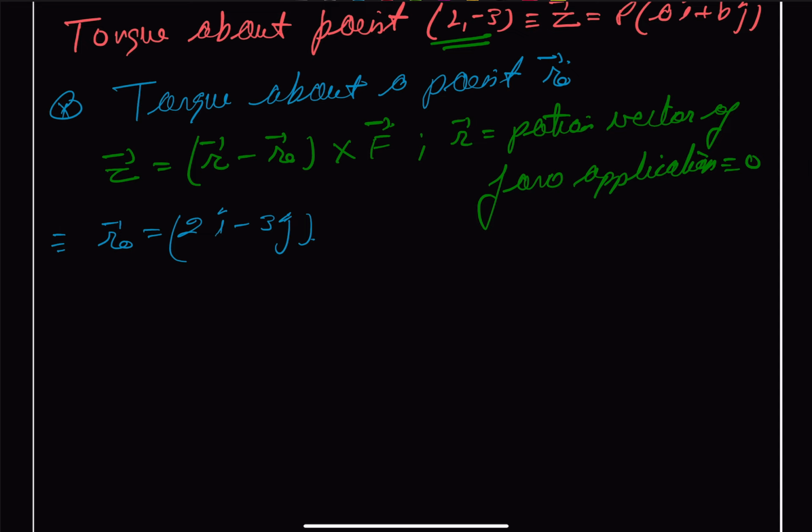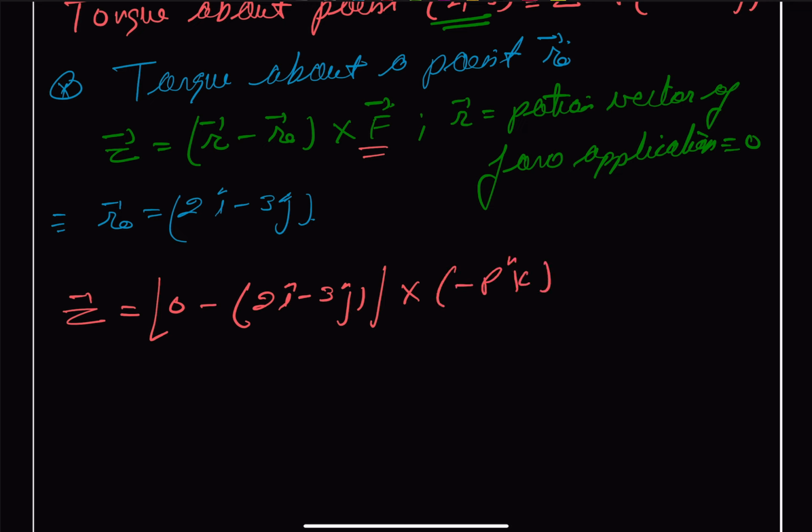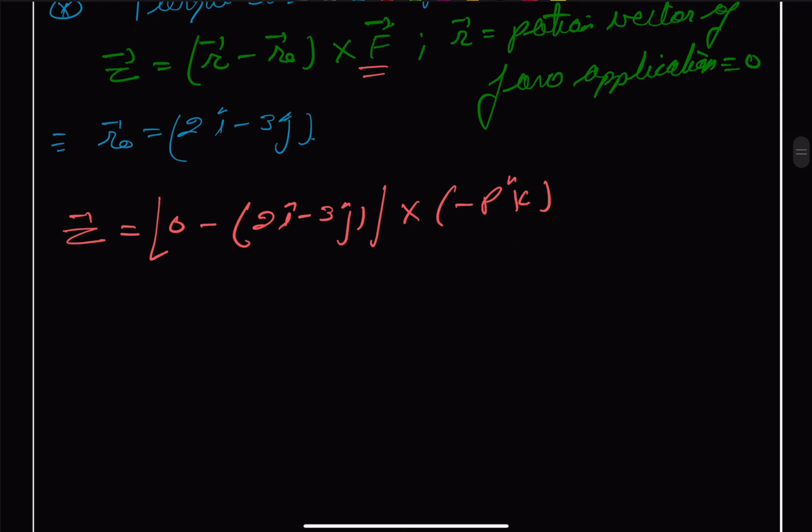So we substitute, and force also we know, therefore we can say our torque is equal to (0 minus 2i unit vector plus 3j unit vector) cross minus p k unit vector. We get this will be equal to (minus 2i unit vector plus 3j unit vector) cross of minus p k unit vector.